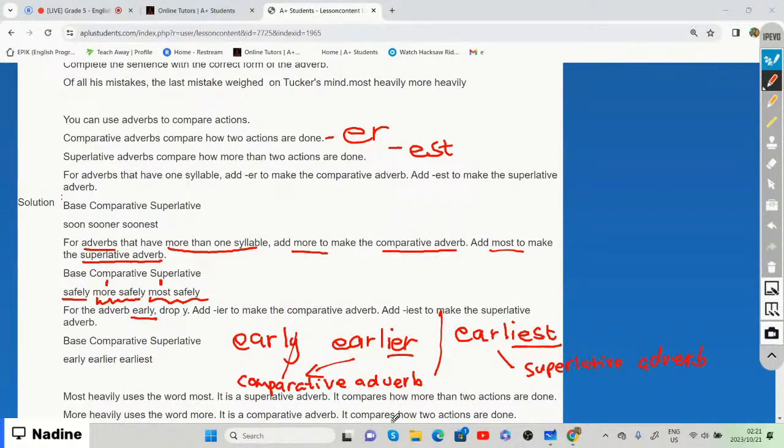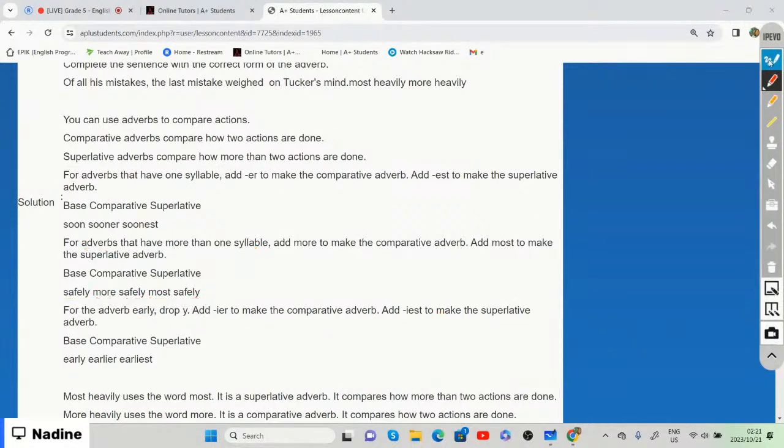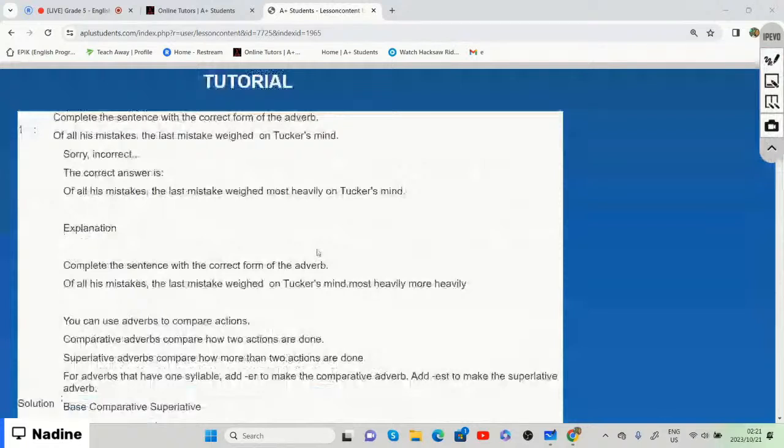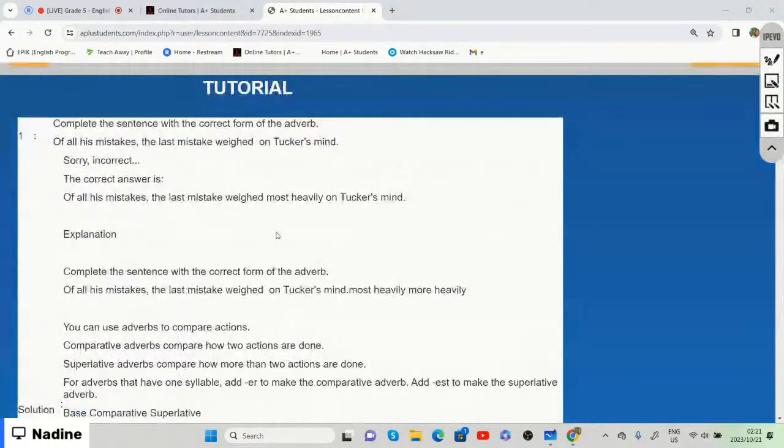All right. So once again, our chapter is on comparing adverbs.